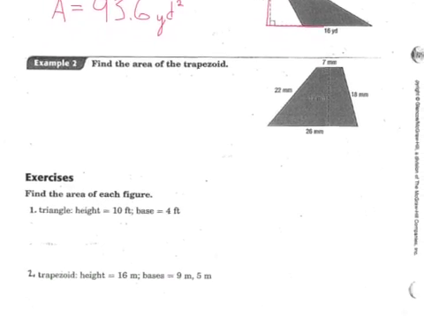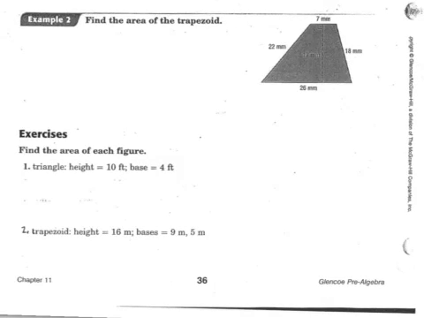Let's find the area of this trapezoid. So they've given us the two bases, and they've given us the measurements of the side, but we don't care about those because we want to use the height, and the height is whatever the altitude is. And since it's perpendicular to this base, connects to the opposite side, that's our altitude. So we know the area of a trapezoid is 1/2 the height, so 1/2 times 17, and then we add the bases together, which is 26 plus 7, and this is all in millimeters.